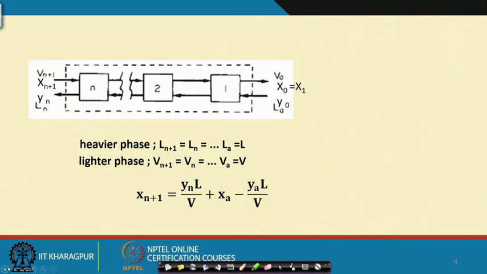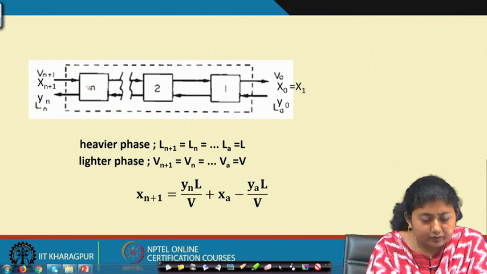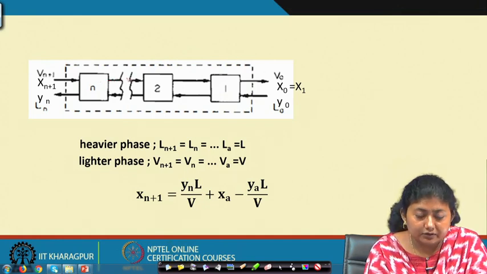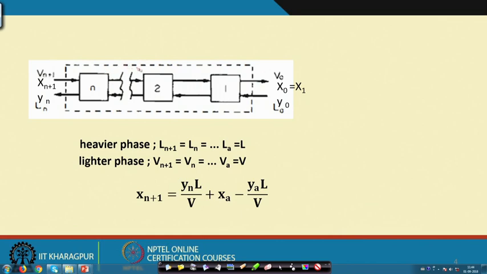So, here we can see that in one stage, the solvent is entering and the extract, the overflow that is coming out, is entering as a solvent in the next one.